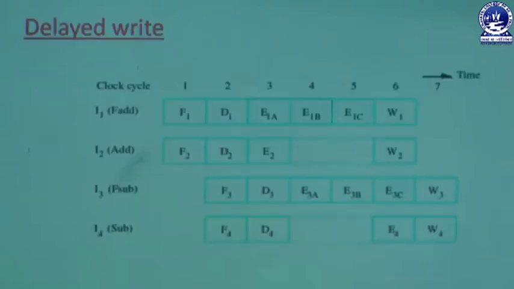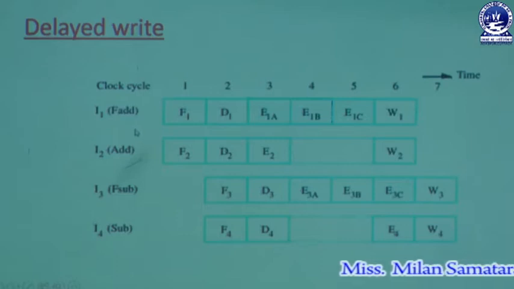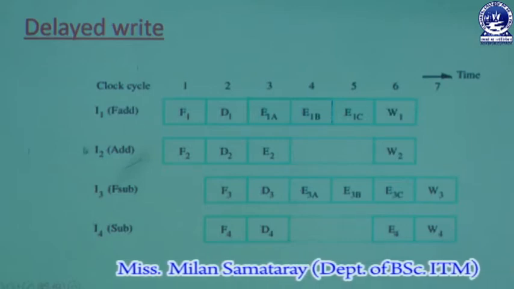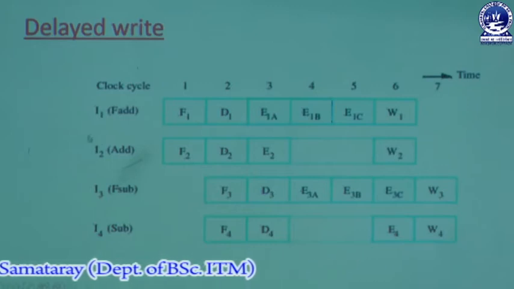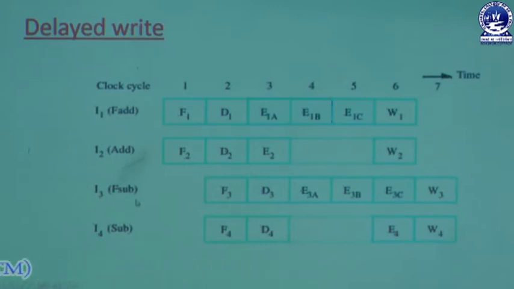Here you can see in this diagram, which I have already discussed, that it is also part of superscalar operation and of this out of order execution concept. I1 is a floating point add, that means this instruction performs the arithmetic operation on floating point numbers, and this other instruction performs integer operations.